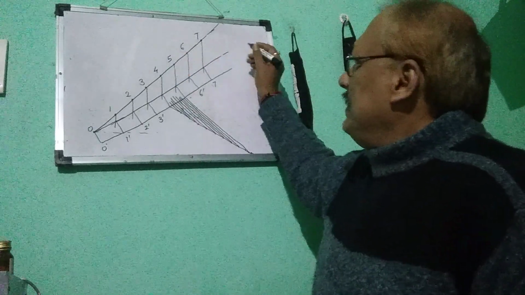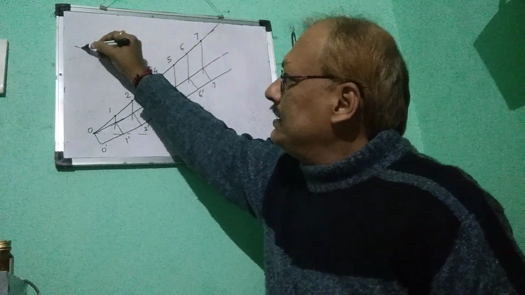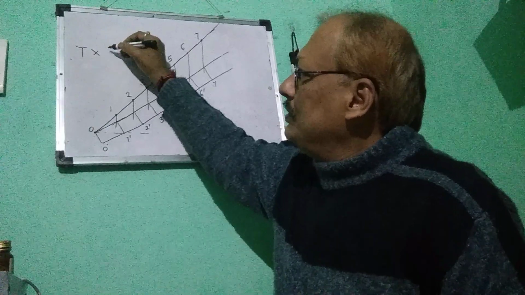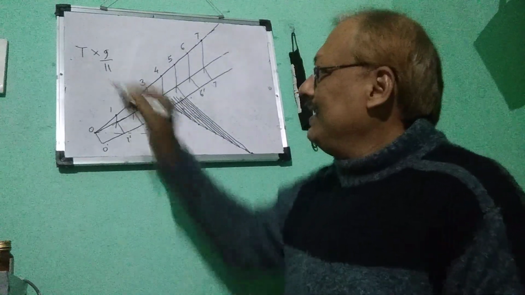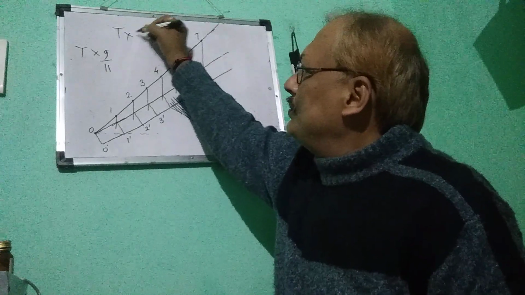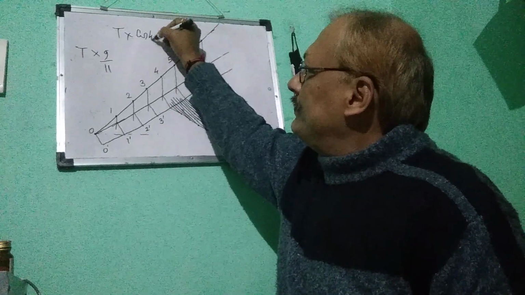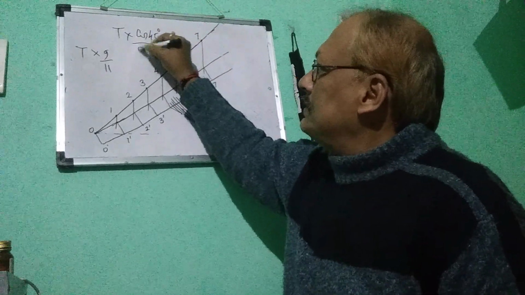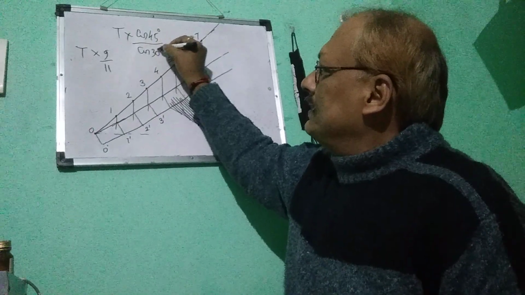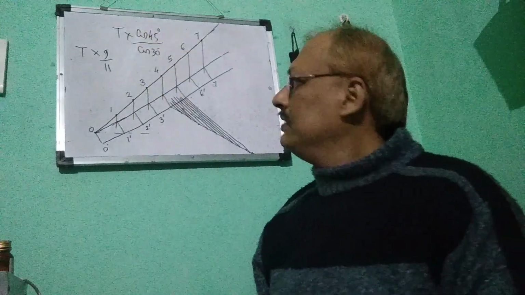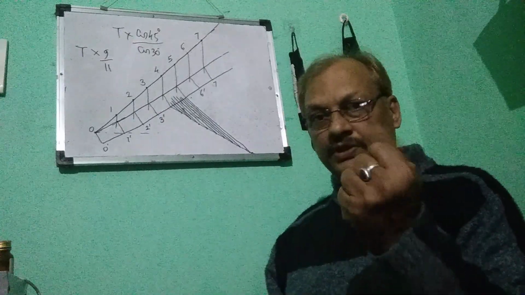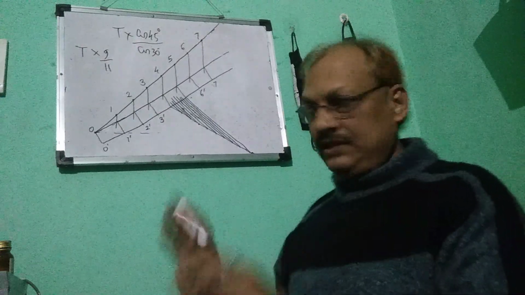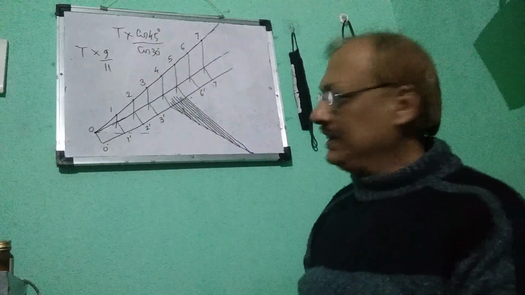Actually, it is true length into 9 by 11 almost. Actually true length into cos 45 divided by cos 30. So this comes out to be 9 by 11, isn't it? So that much shorter are the lengths in that isometric scale.